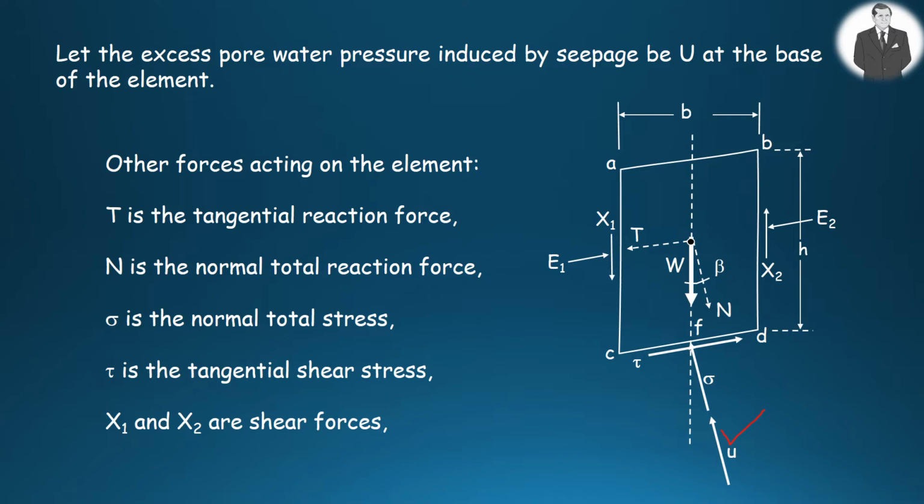Other forces acting on the element are T as the tangential reaction force, N as the normal total reaction force, which are the components of the weight of the rhombic element, sigma as the normal total stress, and tau as the tangential shear stress. X1 and X2 are shear forces acting on both sides of the rhombic element as shown in the figure.